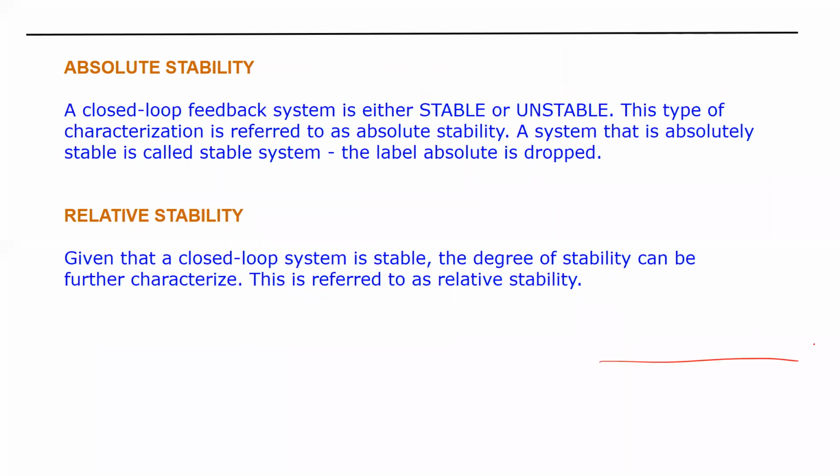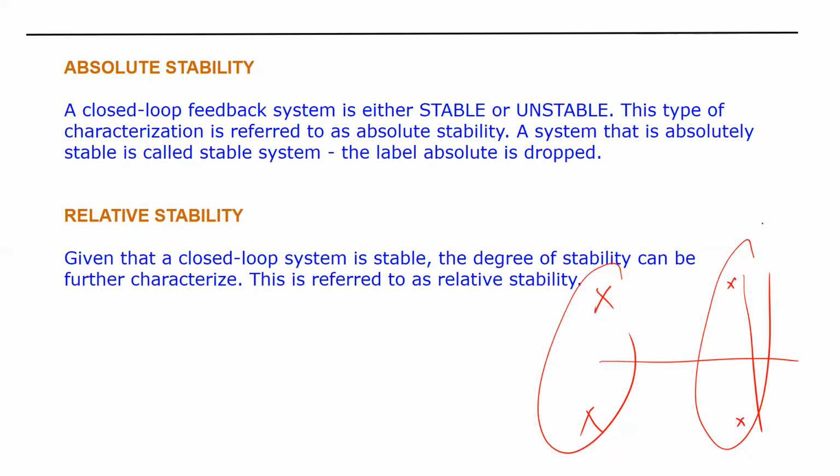Suppose I have a system here and I have 2 poles in this place. Is the system stable or unstable? Stable. Okay. What about the system in here? This is also stable. However, for the degree of stability, which one is better, this one or this one?